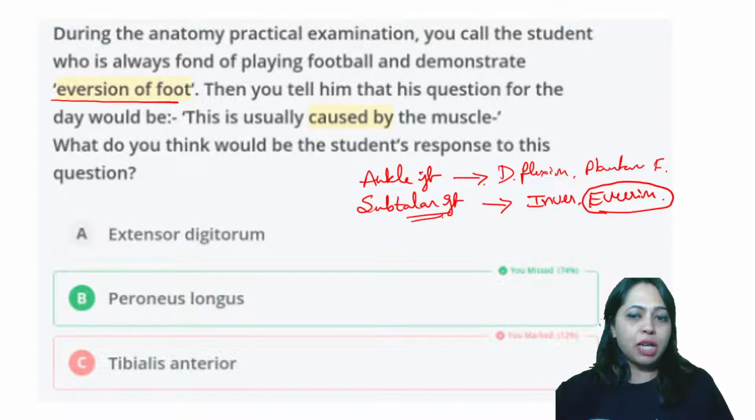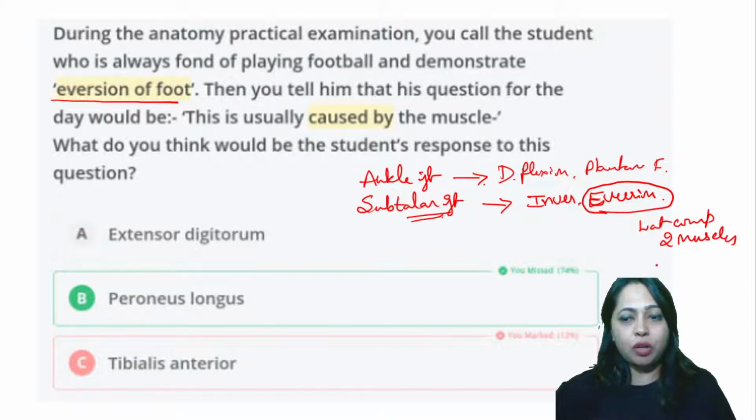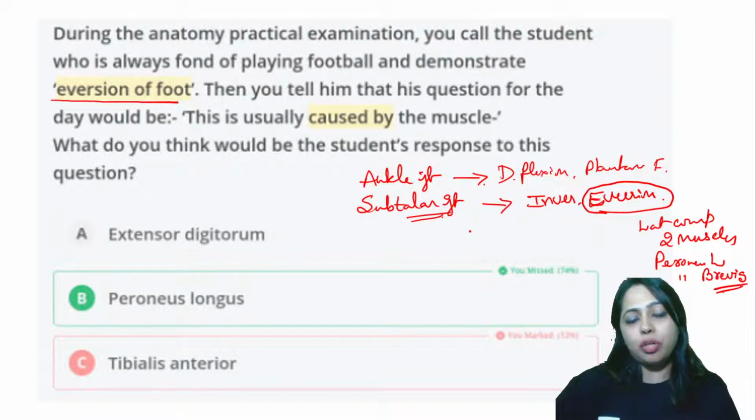And eversion is done by only one group of muscles. They are called the lateral compartment. The lateral compartment has two muscles: peroneus longus and peroneus brevis. I would just remember the lateral compartment as PLES.